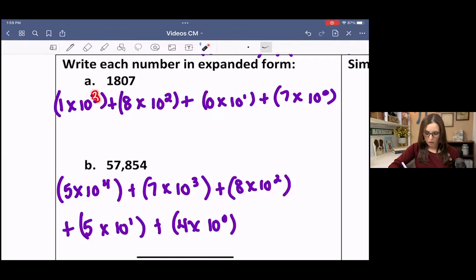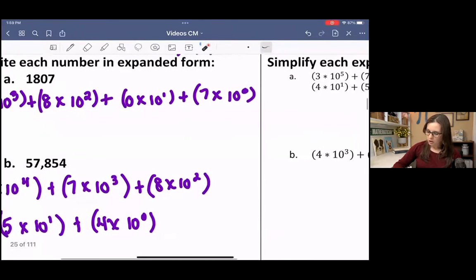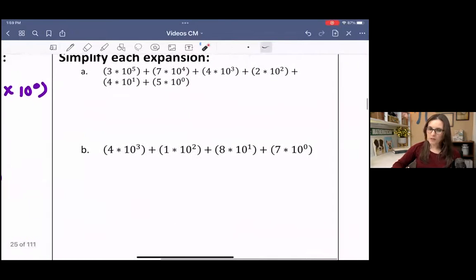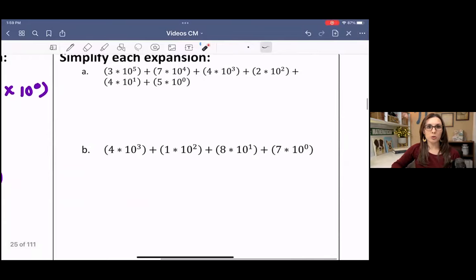So we do third power, 1,000, and then 800 has 2 digits behind it, 0 has 1 digit behind it, and 7 has no digits behind it. Pretty cool. So let's use that to go the other direction. We have expanded form, and now we're going to rewrite these in simplified version. So knowing how to go the other way, pause this, try it, and come back.